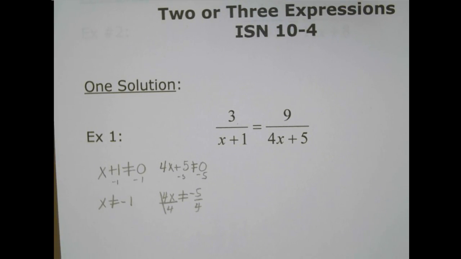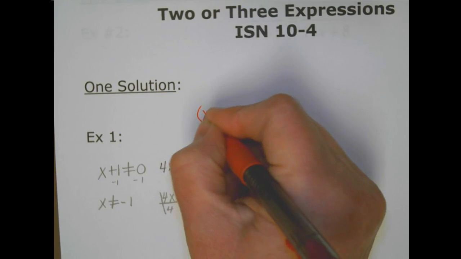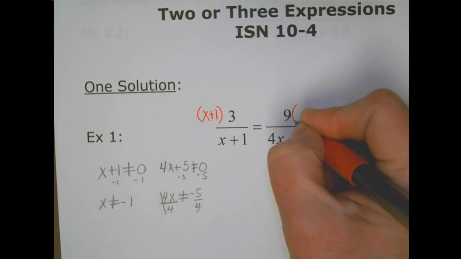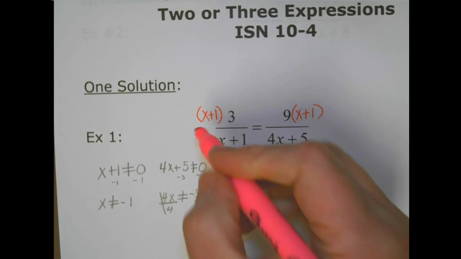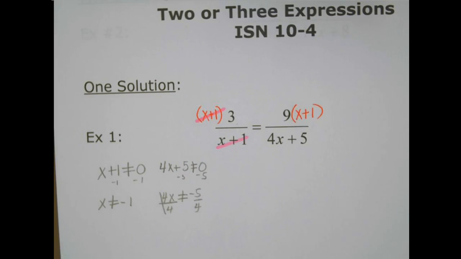Well, we don't have to find a common denominator. We're going to get rid of the denominators. We're going to multiply both sides of the equation by the first denominator, and what's going to happen with those x plus 1s?